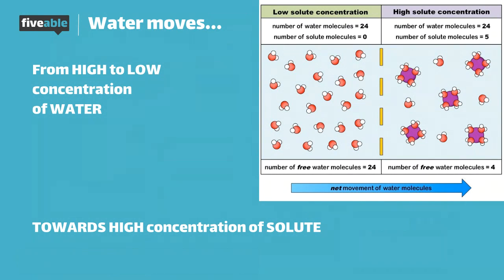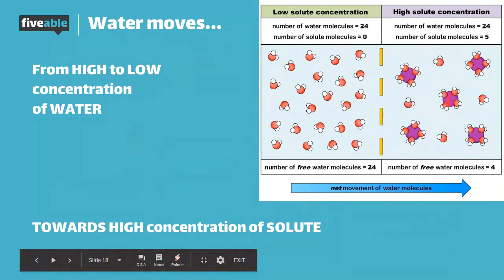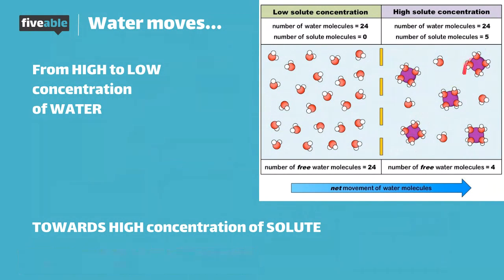Okay, when I say solute, which I will talk about kind of a lot because we're about to talk about iso, hypo, and hypertonic solutions, what I'm talking about is other things that are dissolved in water. Okay, so you can see these little purple molecules are all dissolved in water. They actually have water molecules wrapped around them, and so there's less free water there.